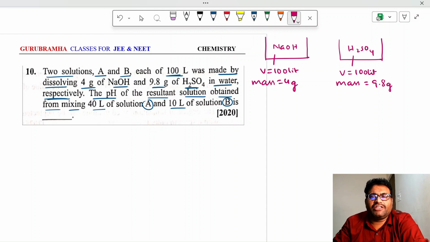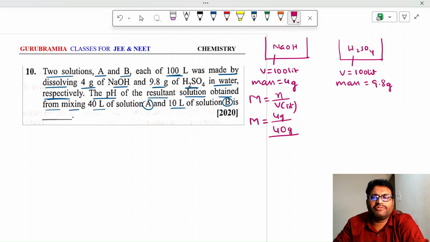Let us first go with molarity. Molarity is equal to number of moles by volume in liters. This we know. So molarity is equal to number of moles, meaning weight by molecular weight. So 4 grams by, what is the gram molecular weight of NaOH? 40 grams, by volume taken 100 liters.